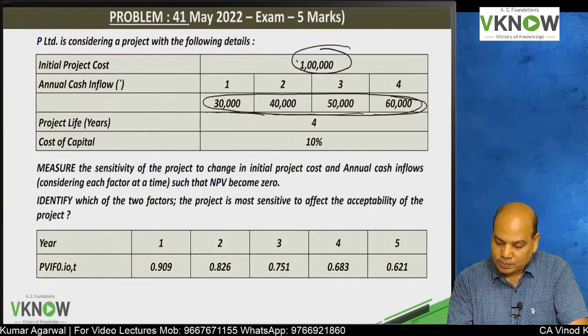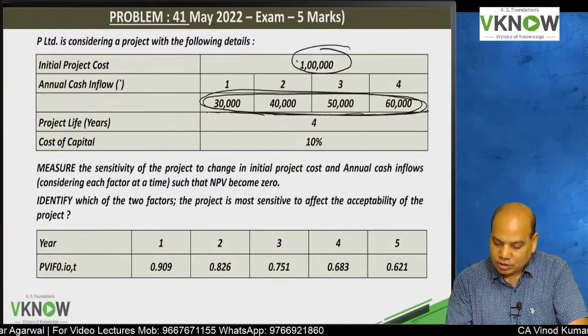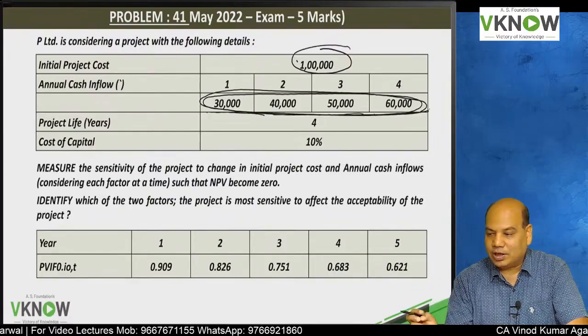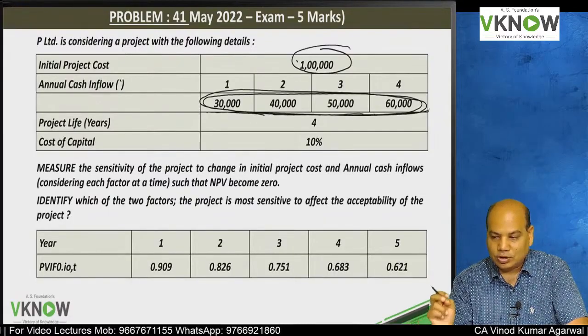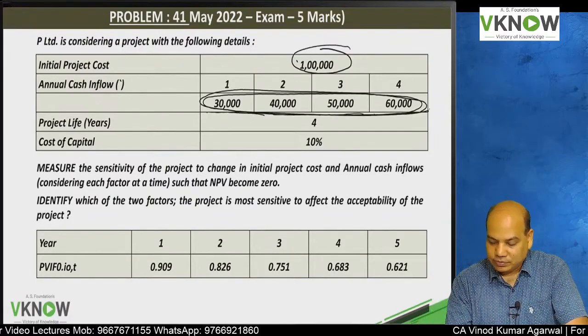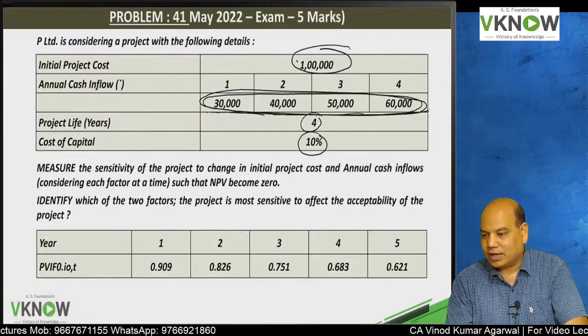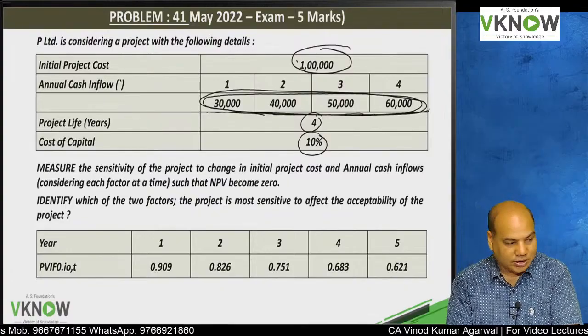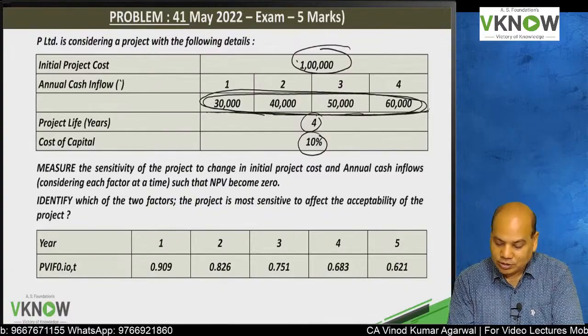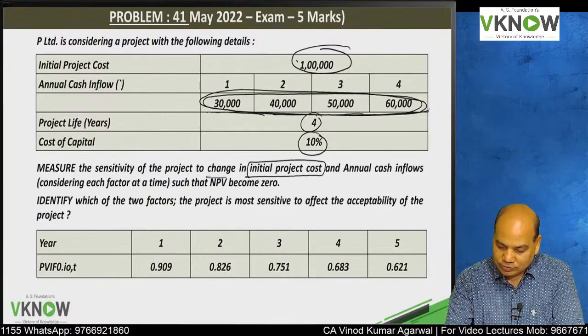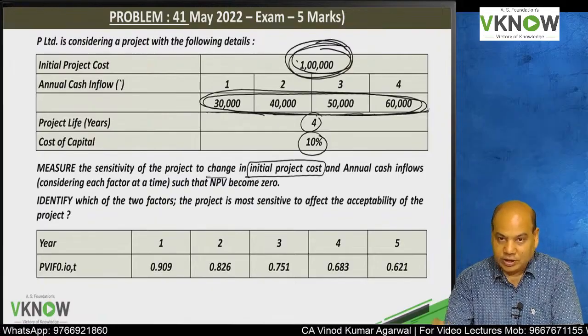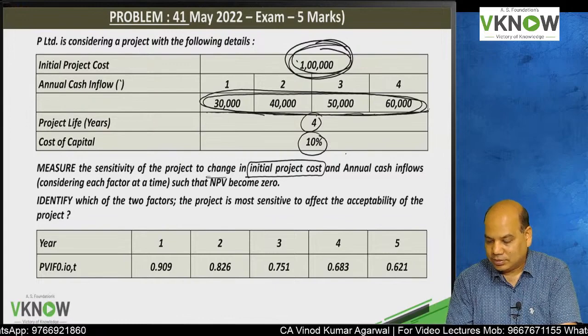So I need to compute their present value, and then NPV divided by present value of cash inflow will give me sensitivity percentage. Life of the project 4 years, cost of capital 10%. Measure the sensitivity of the project to change in initial project cost. Same, NPV divided by 1 lakh.